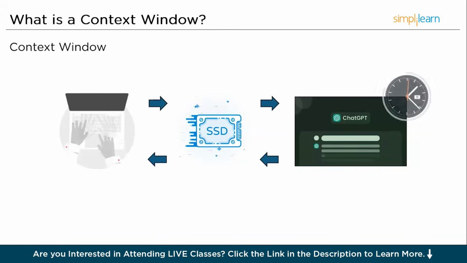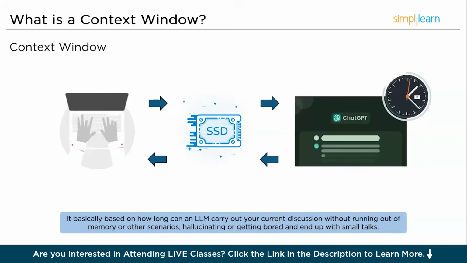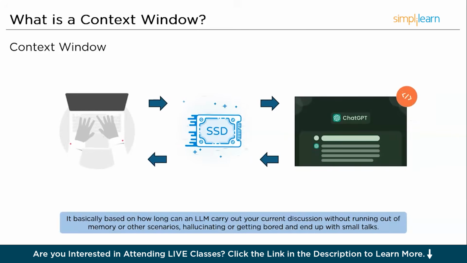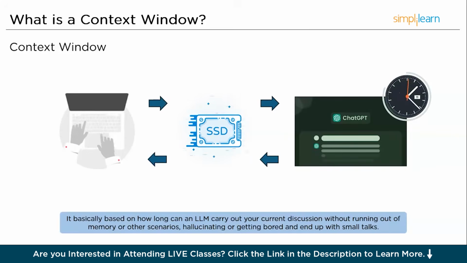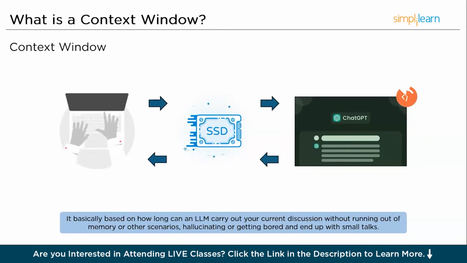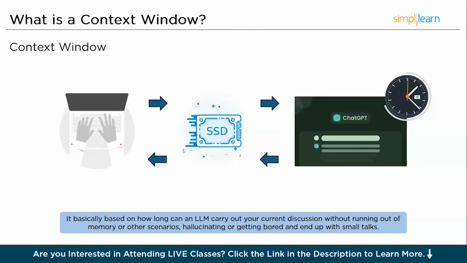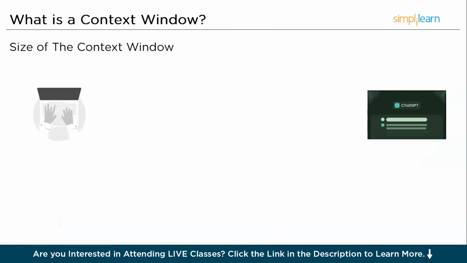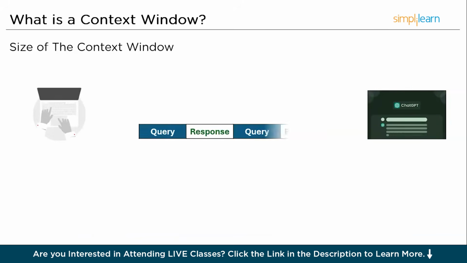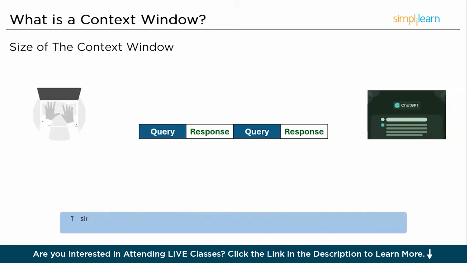Now, in a different way, you can consider this as follows. It's based on how long an LLM can carry out your current conversation without running out of memory, hallucinating, or getting bored and ending up with small talk. Now, let us consider a relatively small conversation within the limits of the so-called current memory or working memory.